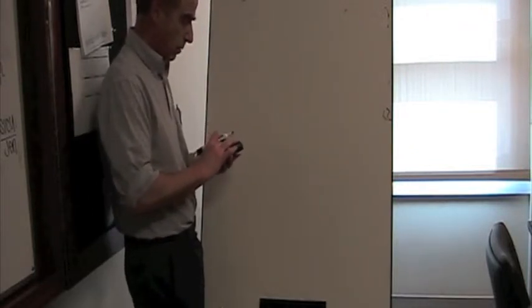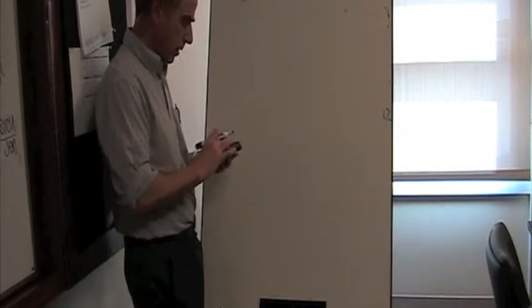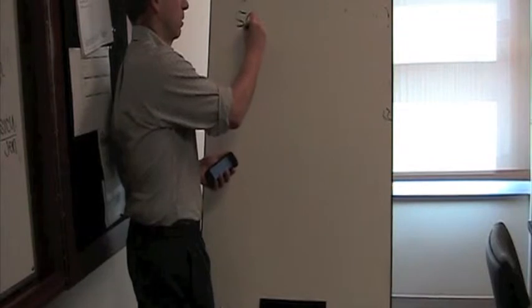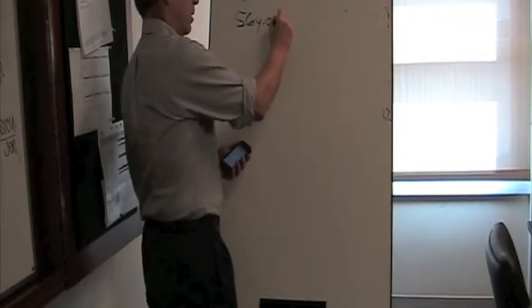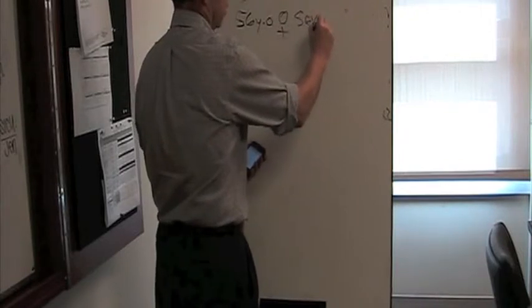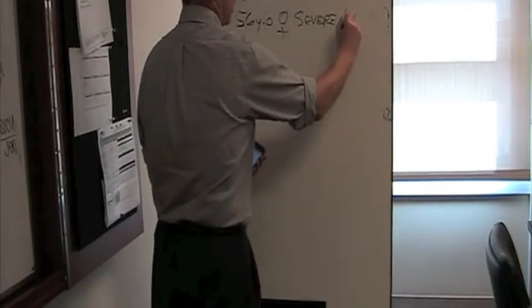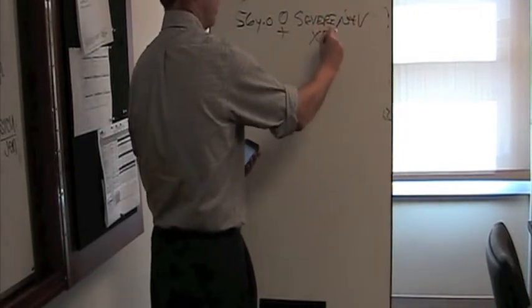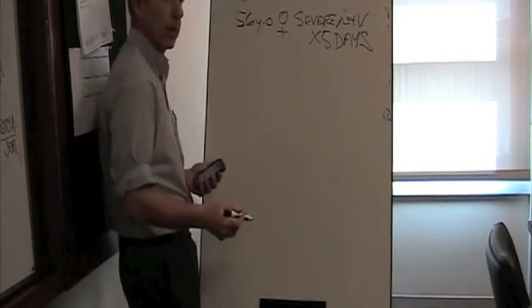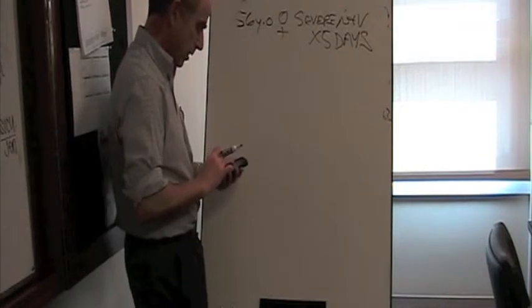Okay, so this next example is a 56-year-old female with severe nausea and vomiting times 5 days. That's the history.